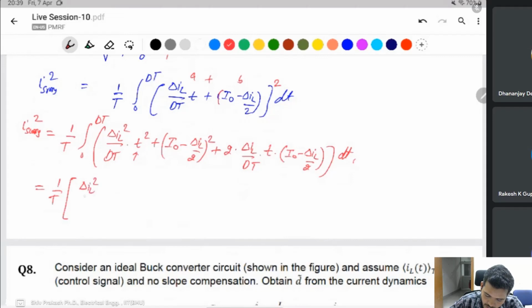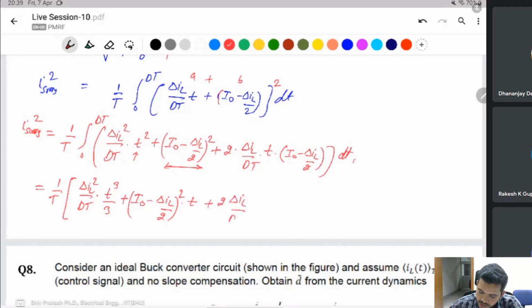Delta IL square divided by dt square into t cube divided by 3, plus this one is a constant, I naught minus delta IL divided by 2 squared, into t, plus 2 delta IL divided by dt into I naught minus delta IL divided by 2.